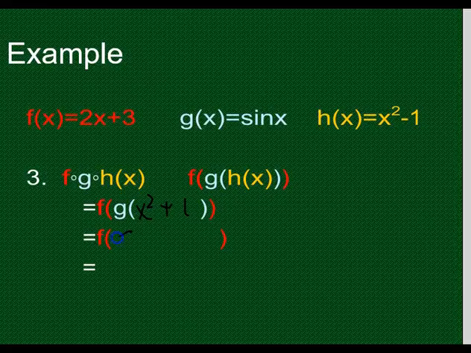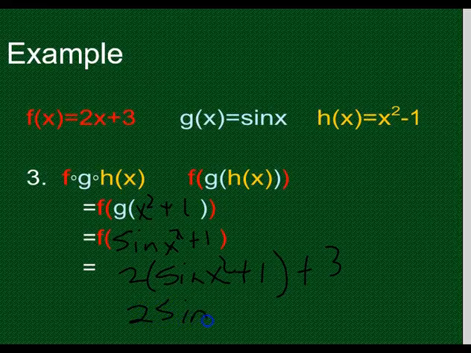F of the sine of x squared plus 1. And f multiplies something times 2, and then adds 3. It's 2 times the sine of x squared plus 1 plus 3.